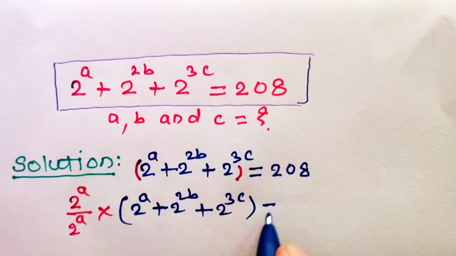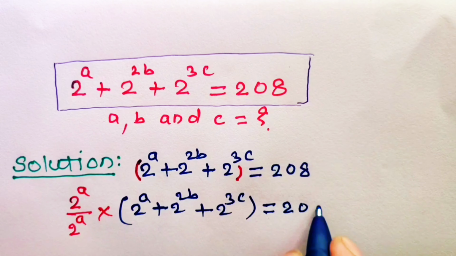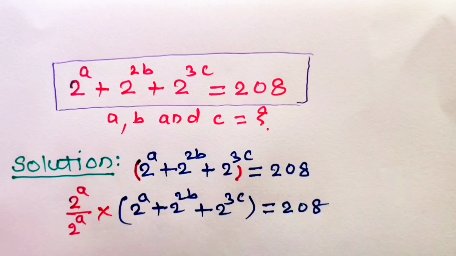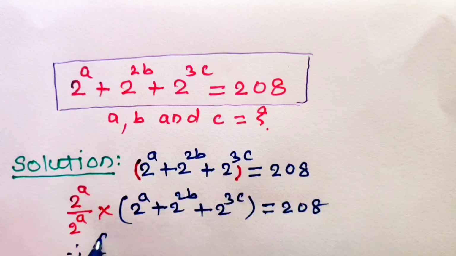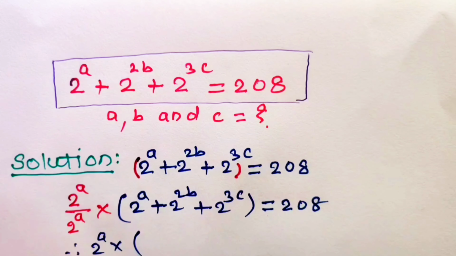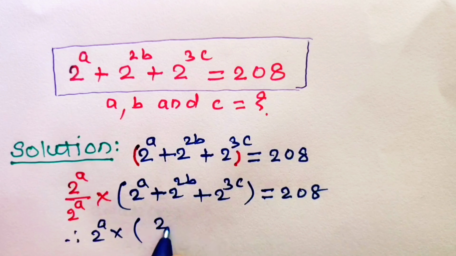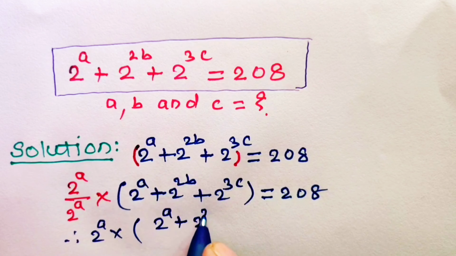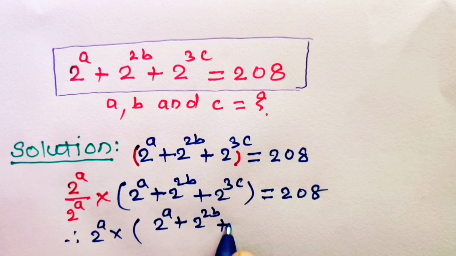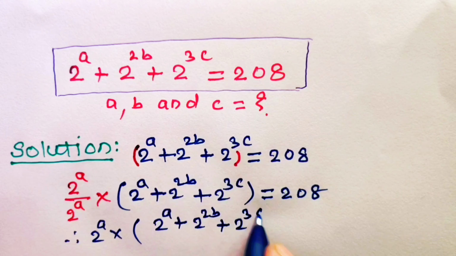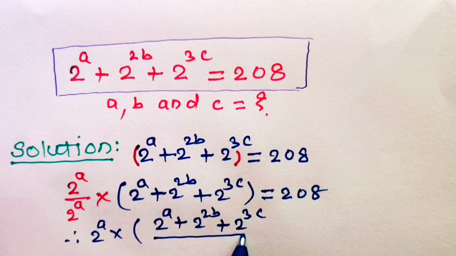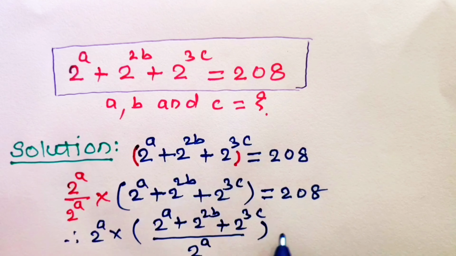This is equal to 208. Hence we can write 2 to the power a into bracket 2 to the power a plus 2 to the power 2b plus 2 to the power 3c divided by 2 to the power a bracket close.